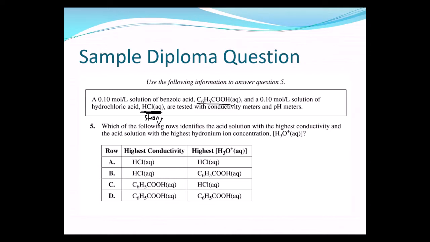Right? And this benzoic acid is not top 3, which makes it weak. So our definition of a strong acid is it makes lots of ions, it makes lots of H3O+, and if you have lots of H3O+, you'll conduct electricity. So HCl will be the one that conducts the most electricity because it makes the most ions, and the ions that it makes is H3O+.